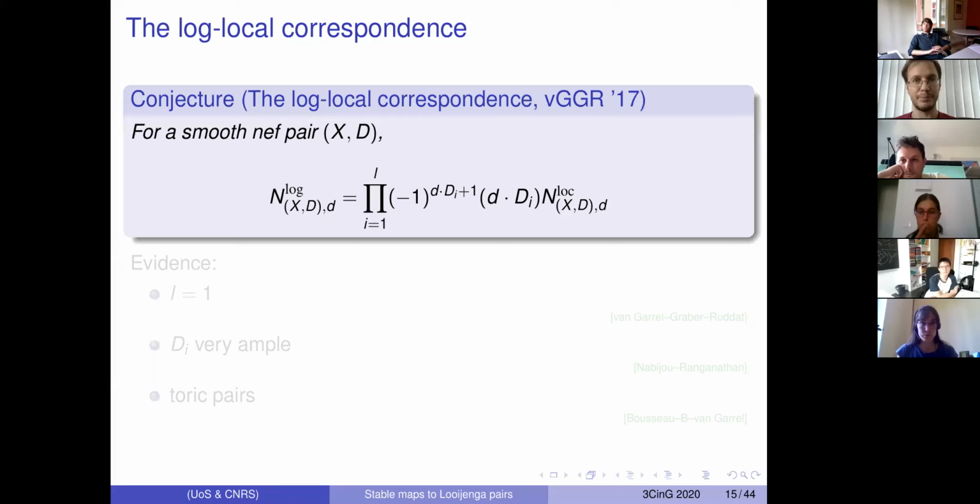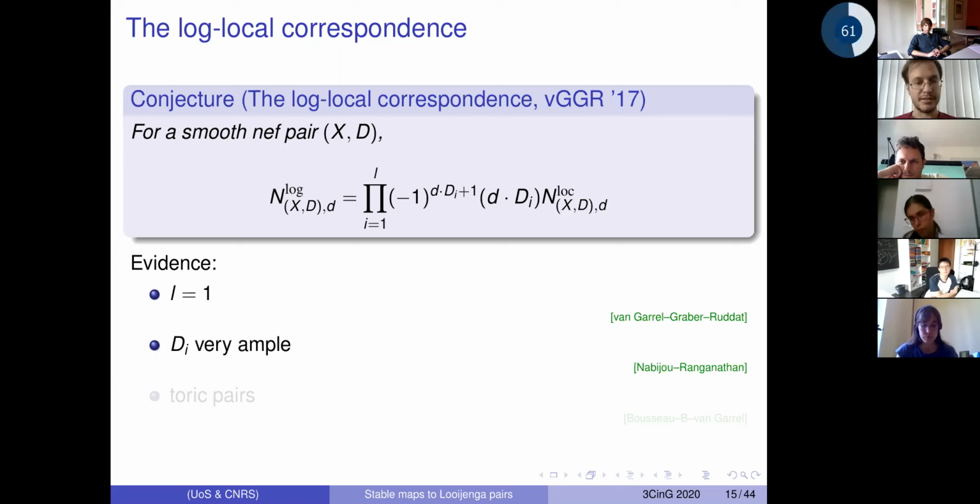Why would we believe this other than just from looking at tables? Well, the first piece of evidence is that the conjecture is a theorem when the divisor is smooth. So the case L equals 1, proven by van Garrel, Graber, and Ruddat in their paper where they formulated the conjecture 3 years ago. A second class of examples is given by imposing some positivity condition on D. So when D is a hyperplane section, Nabijou and Ranganathan proved the local-log correspondence.